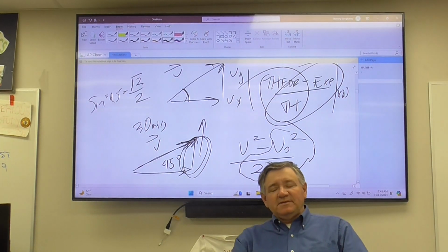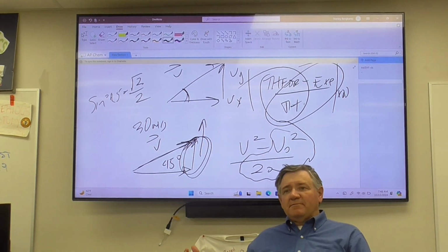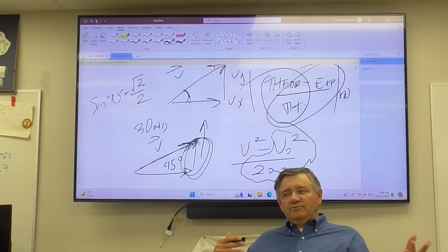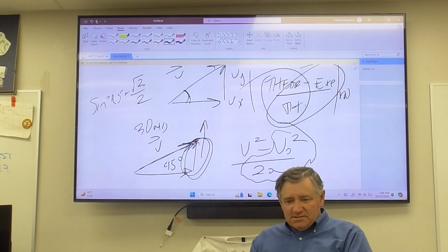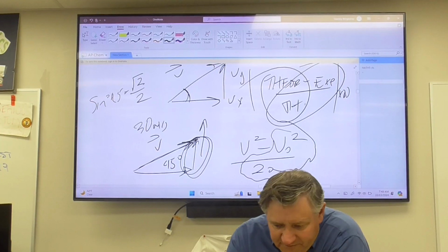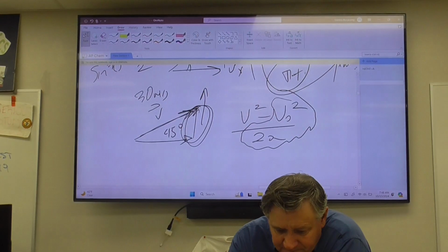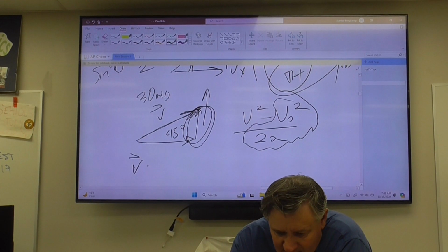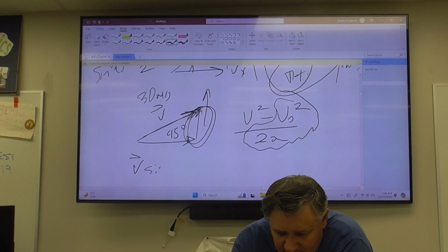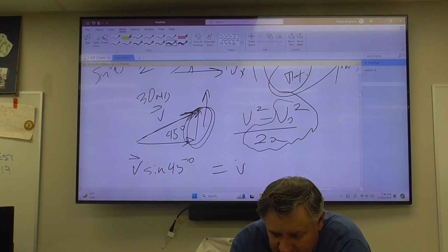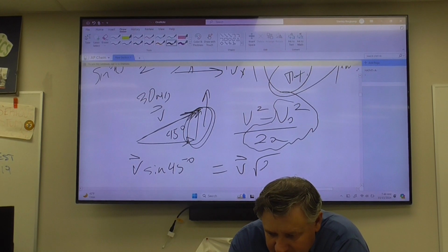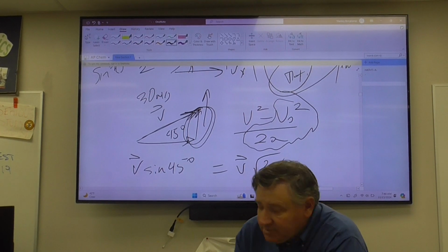These are equivalent, and this is what I don't like about calculators, is that you lose a sense of the elegance of math. So if you're going to find this vertical component, that's going to be that velocity times the sine of 45 degrees. Well, that's like saying that velocity times the square root of 2 over 2.